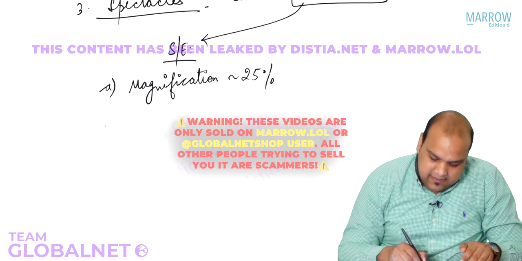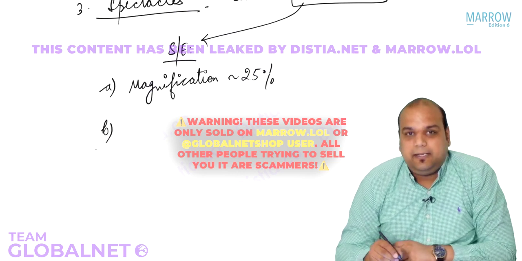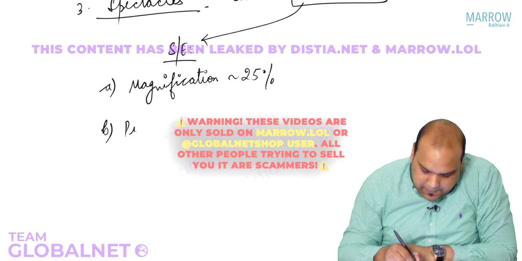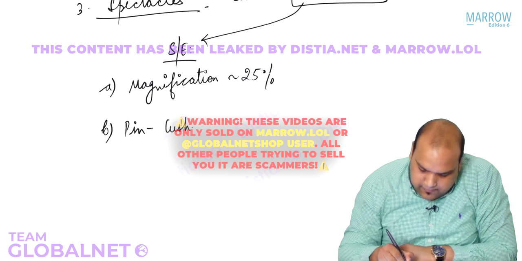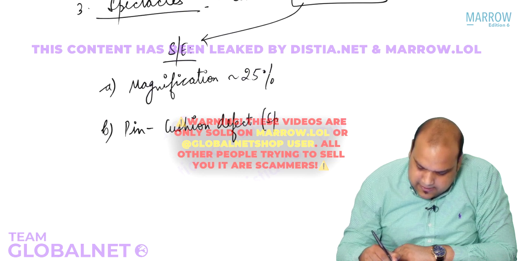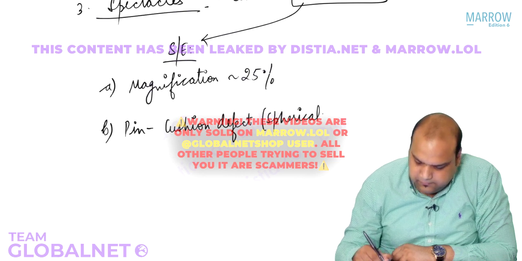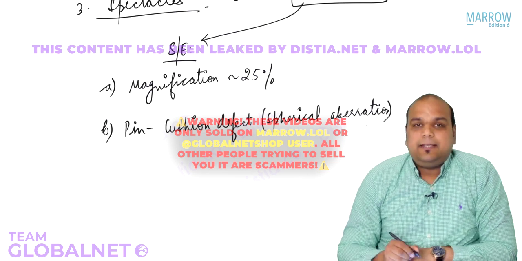The second important side effect of this spectacle is called pin cushion defect. This is a spherical aberration. Why is it called pin cushion defect?